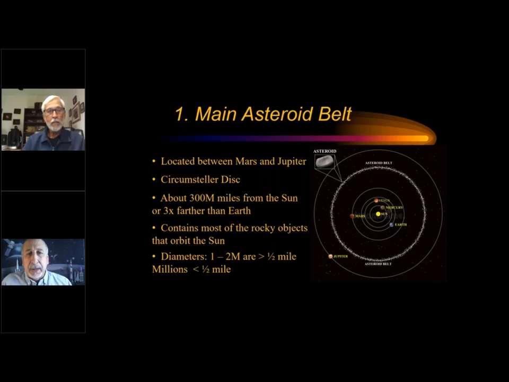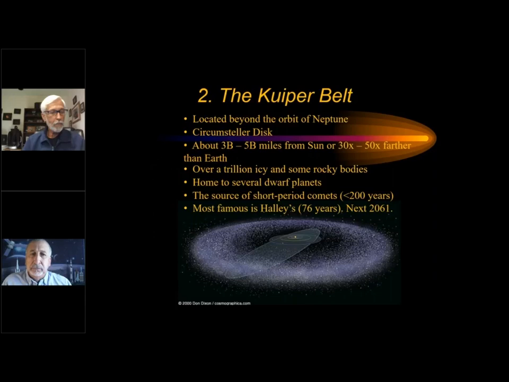So how is the Kuiper Belt different? Well, the Kuiper Belt has several differences. First of all, it's located much further out than is the asteroid belt. Remember, we said the asteroid belt is about 3 times further than the Earth. So the Kuiper Belt actually is located beyond the orbit of Neptune.